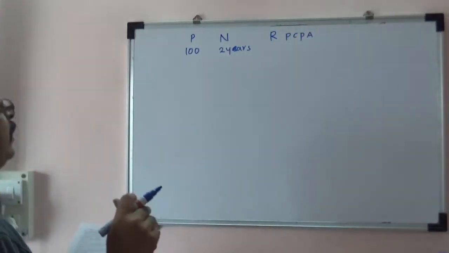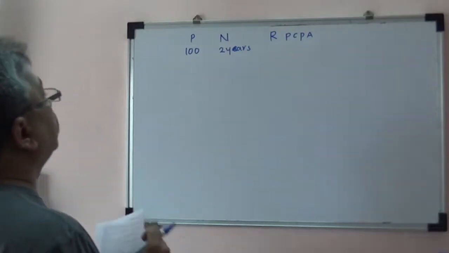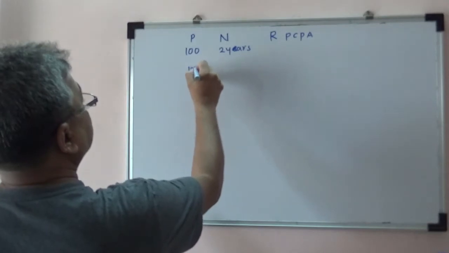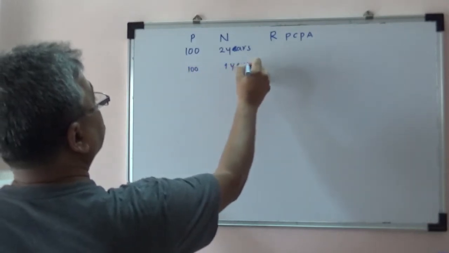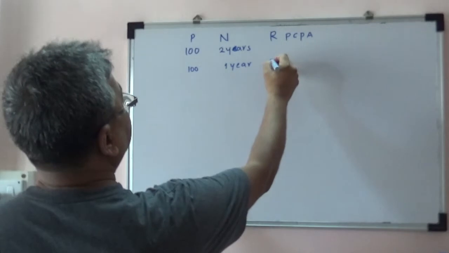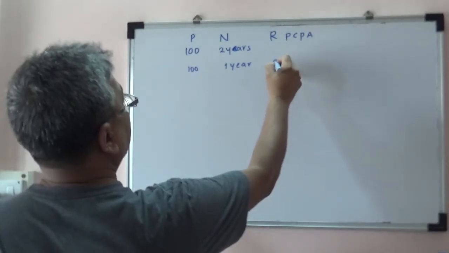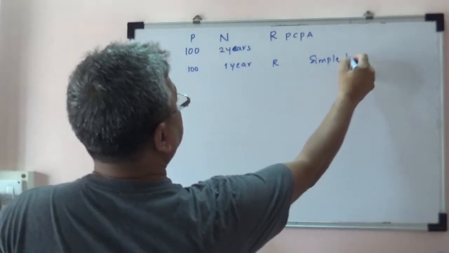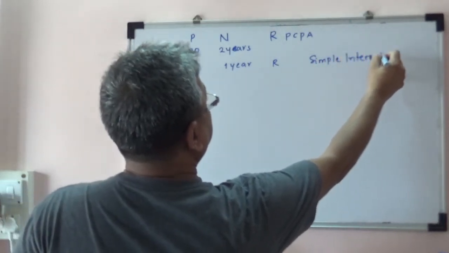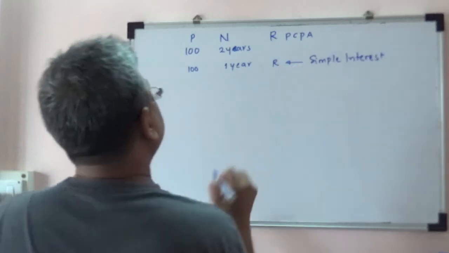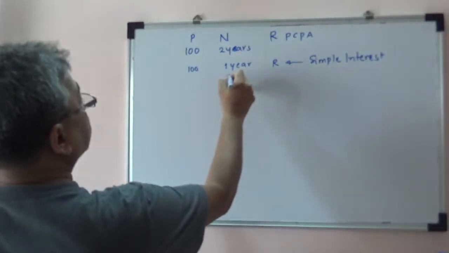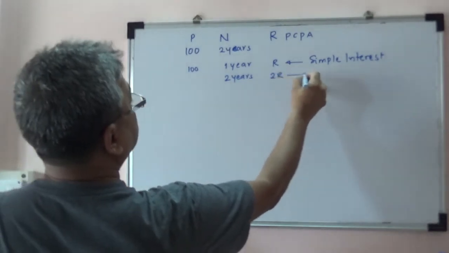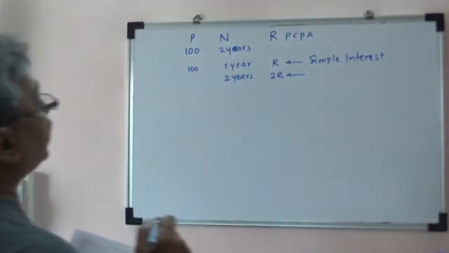Then we calculated that for 100 rupees for 1 year, we will get simple interest as R rupees. For 2 years, we will get 2R rupees simple interest. That is what we calculated.